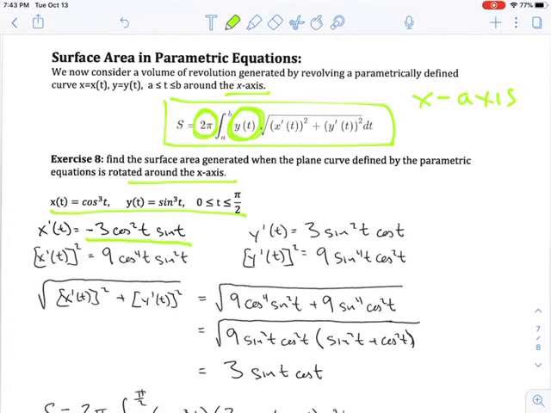We're using the chain rule for derivatives, and we are then squaring that. And we are using the chain rule for derivatives of this one. So the derivative of sine cubed of t is 3 times the sine squared of t times cosine t. In case you don't remember where this cosine comes from, it's the derivative of the sine.